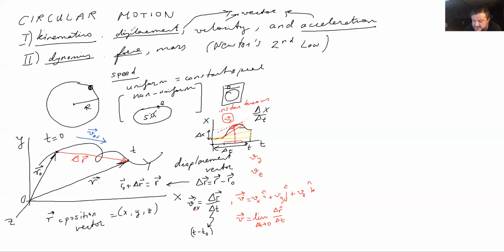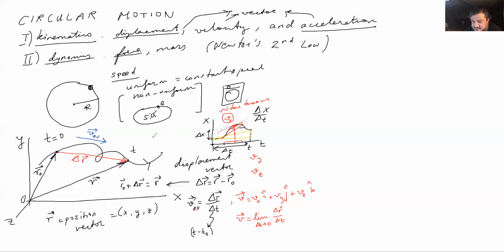Well, to see how it changes, we actually need to know what the vector itself looks like in our original graph. We have the position and displacement vectors, but how do we draw the instantaneous velocity vector? Not the average, the instantaneous. So let's use, how about green? Let me use green.